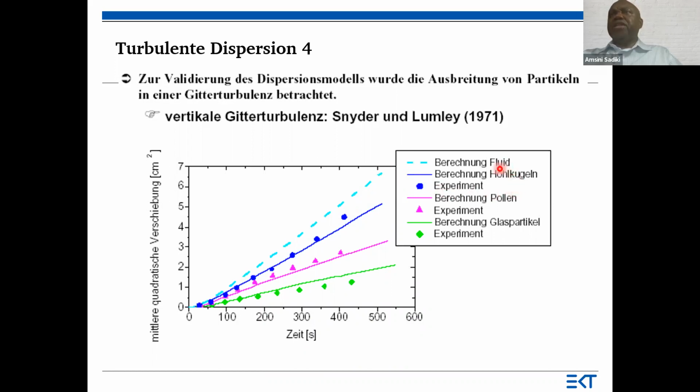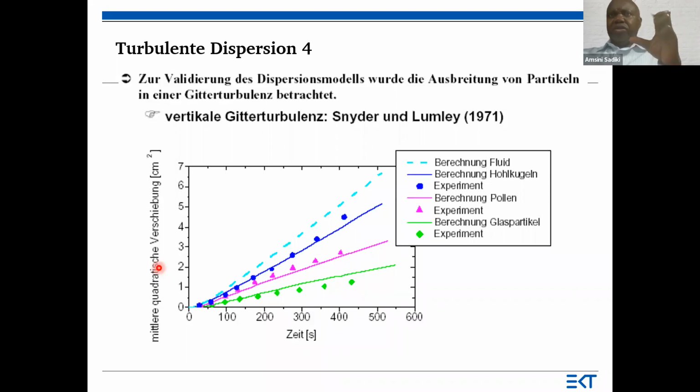If we have particles which are not felt, and here we have pollen and a glass particle, we could obtain the correct behavior of this deviation of our velocity fluctuation.